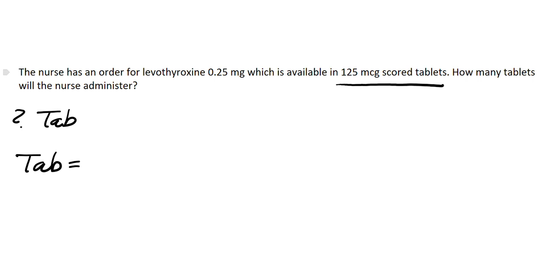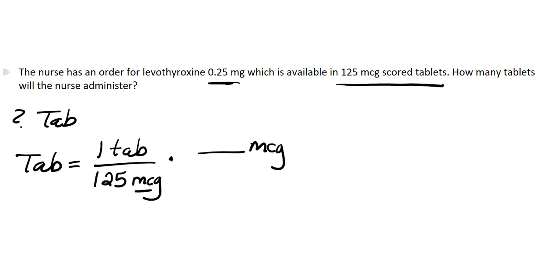So we was asking about tabs, I'm gonna start with tab. One tab is what? 125 mics. Let's get mics in our denominator, mics in our numerator.